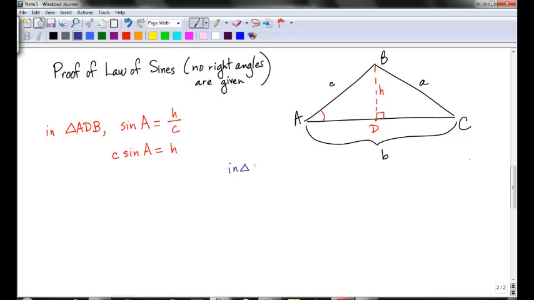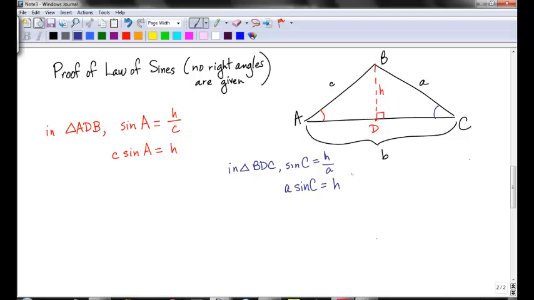In triangle B, D, C, look at the other side. Look at this triangle over here. In that triangle, what's the sine of angle C? Sine of this angle. Opposite over hypotenuse, so h over a. Solve that for h, multiply by a on both sides, so we'd have a sine of C equals h.